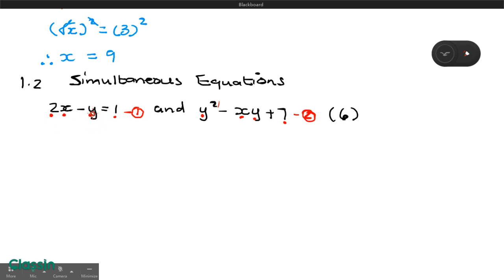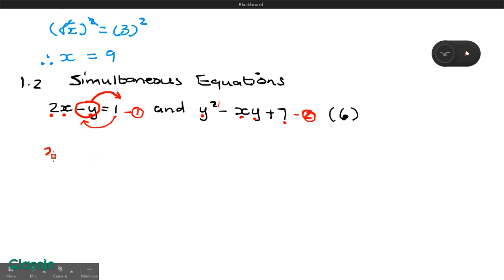Therefore, we are going to make this variable that is alone the subject of the formula. But if you check here, our variable is negative. It means that this negative must be eliminated. It must become positive. How do we change this negative to positive? We are going to move this negative y to this side, because that is the only simple way y can change from negative to positive. And when we do that, we take this one to the other position.